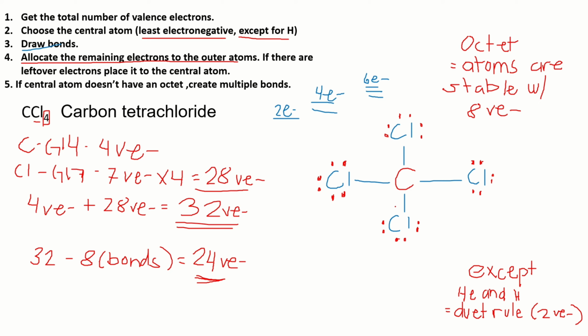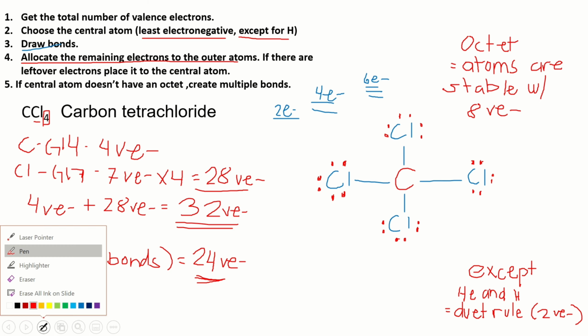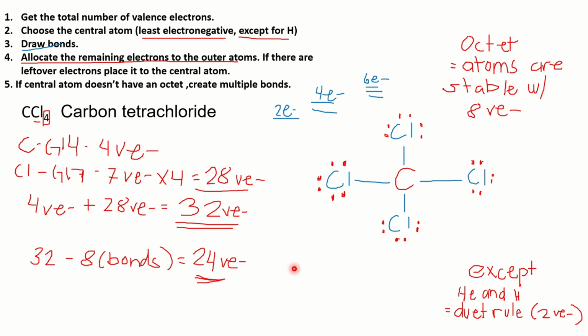Okay, let's check if the atoms are stable. Let's see if chlorine is happy. 2, 4, 6, 8. The 4 chlorine atoms are already stable because they have 8 valence electrons.